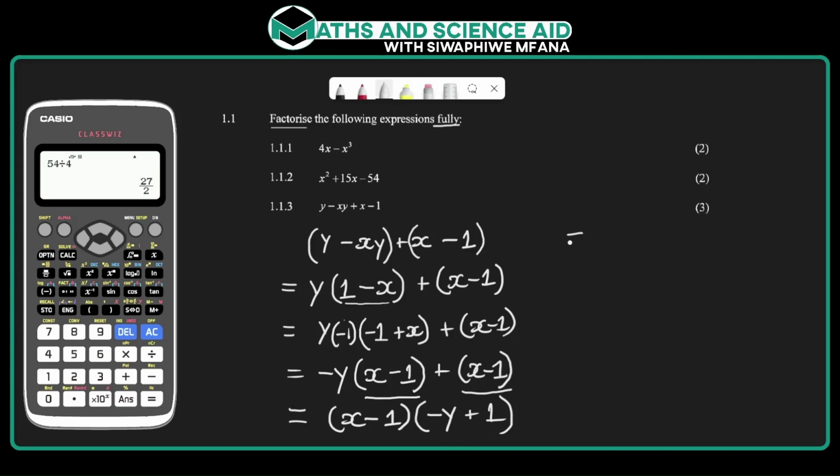So you can make your final answer look like this. So you have x minus 1 into 1 minus y. Because it is good practice to always start with the positive term and then the negative term. And so this is our final answer.